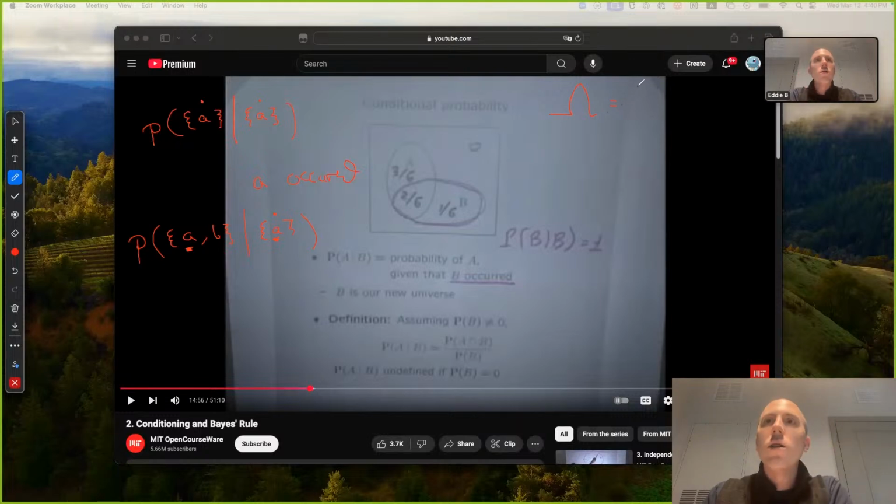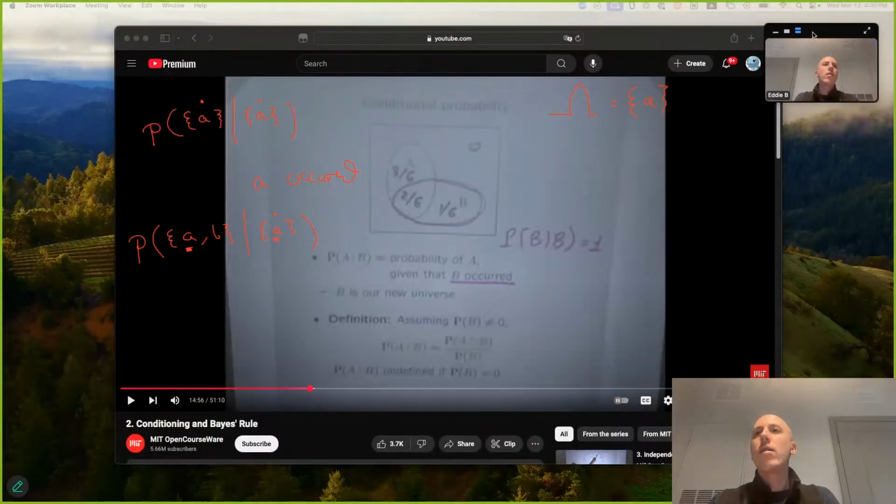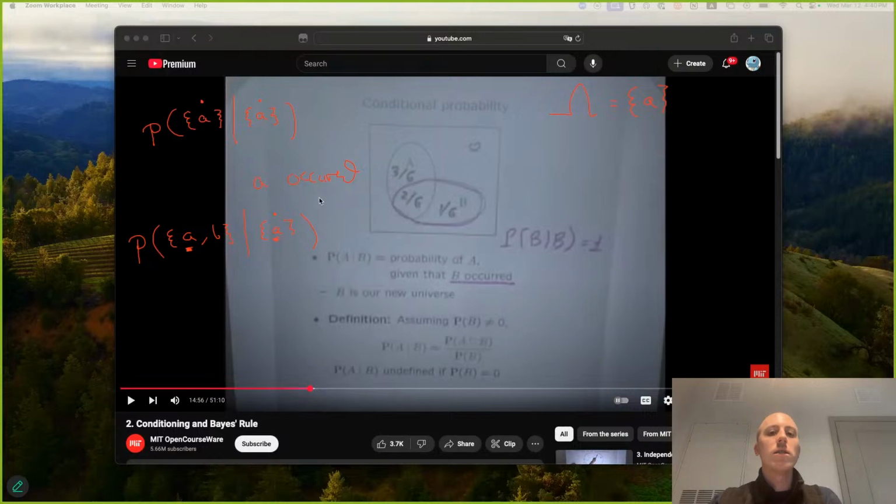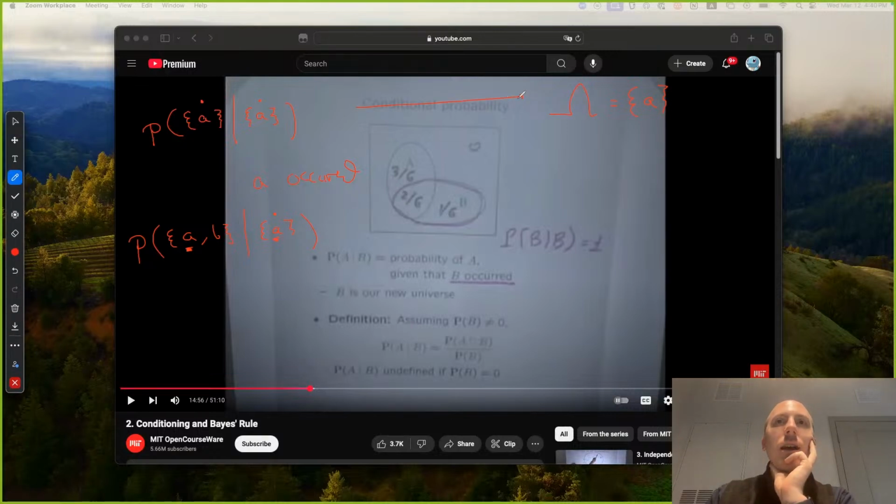Let's keep it simple, where the whole sample space in this case is just A right here.